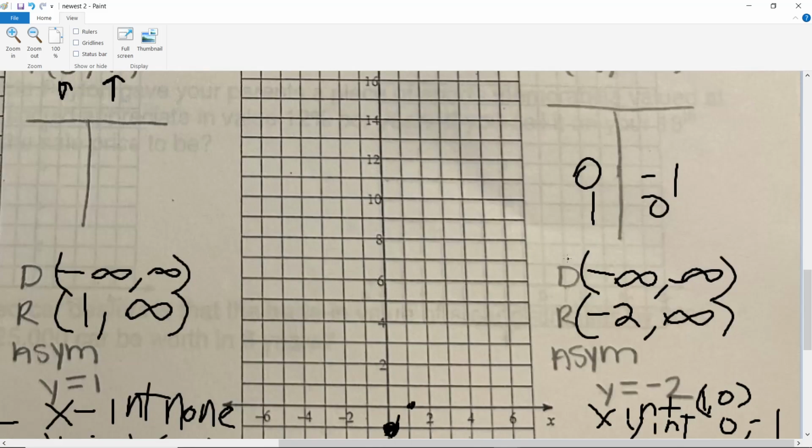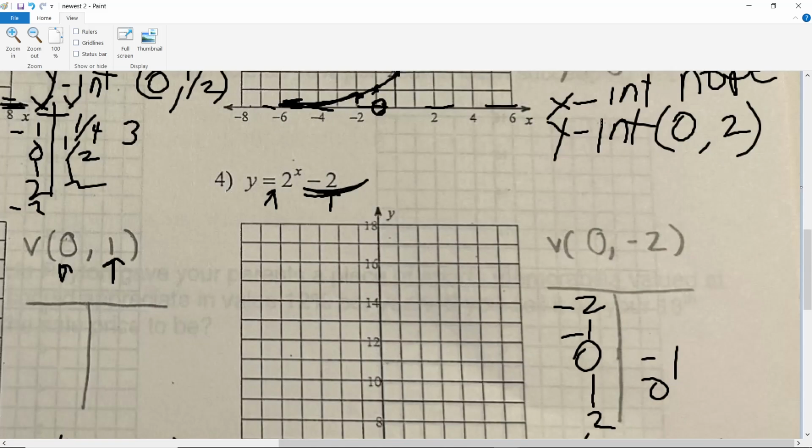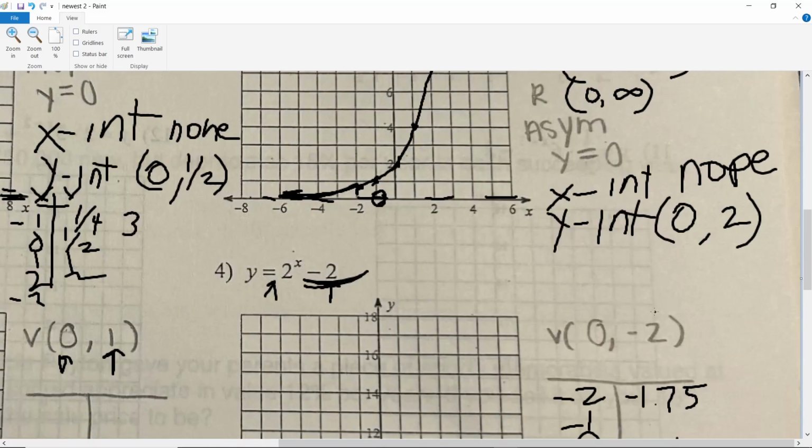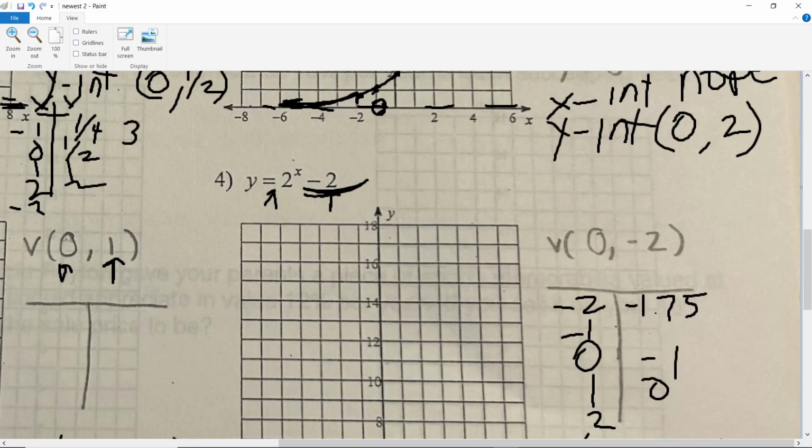And then what other points will I do? I'll do 2. I'll do negative 1, negative 2. Maybe that's going to be enough. Negative 2: 2 to the negative 2 is 1 over 2 squared, is 1/4, minus 2 is negative 1.75. And then negative 1: 2 to the negative 1 is 1 over 2 to the first, which is 1/2, minus 2 is minus 1.5.